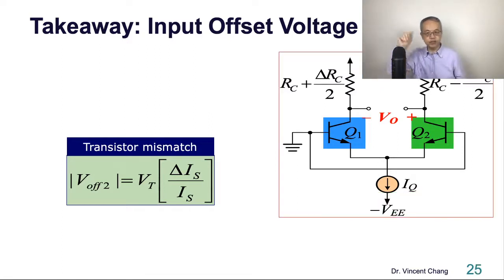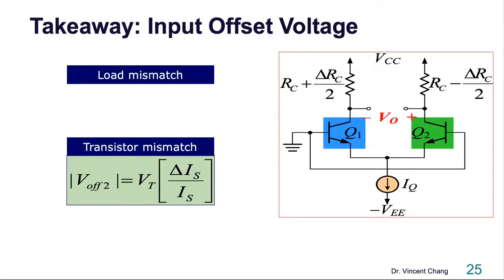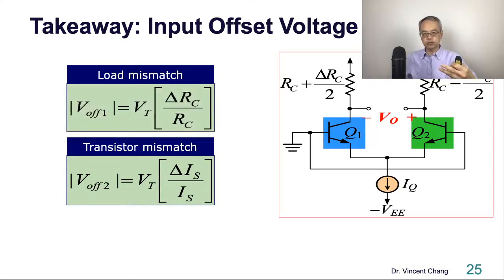Same as the first issue, load mismatch, where the RC mismatch gives a beautiful outcome, proportional to thermal voltage and the fractional change of the collector resistance. Just remember: proportional to thermal voltage and to the fractional change, either from collector resistance variation or IS variation.